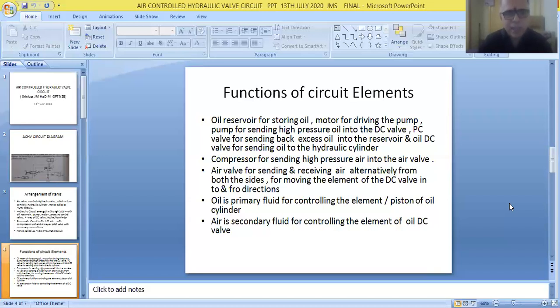Air is used for operating the element of the DC valve only, so it is the secondary fluid. Primary fluid is meant for moving the elements of cylinders, and secondary fluid is used for moving the elements of DC valves. So these are the functions of the various elements used in this particular circuit.